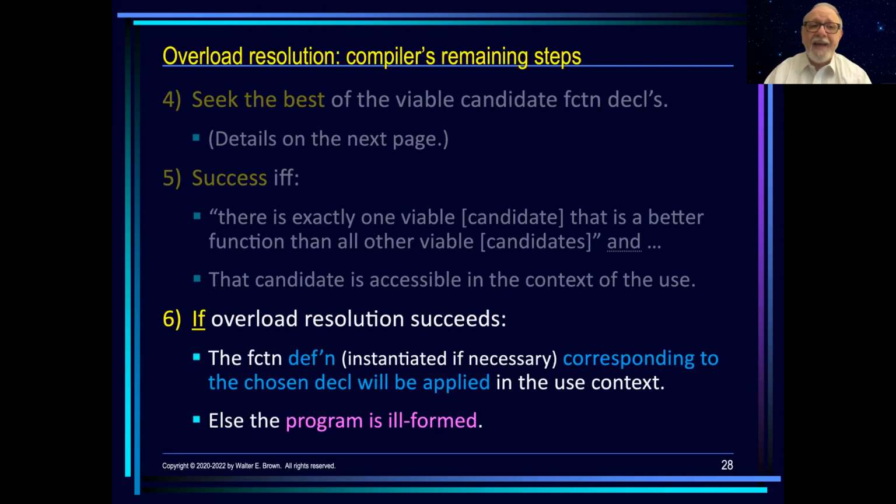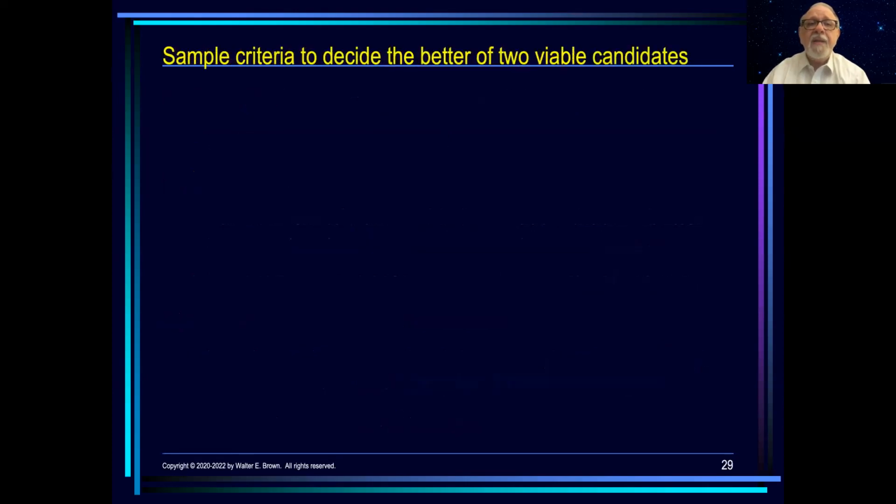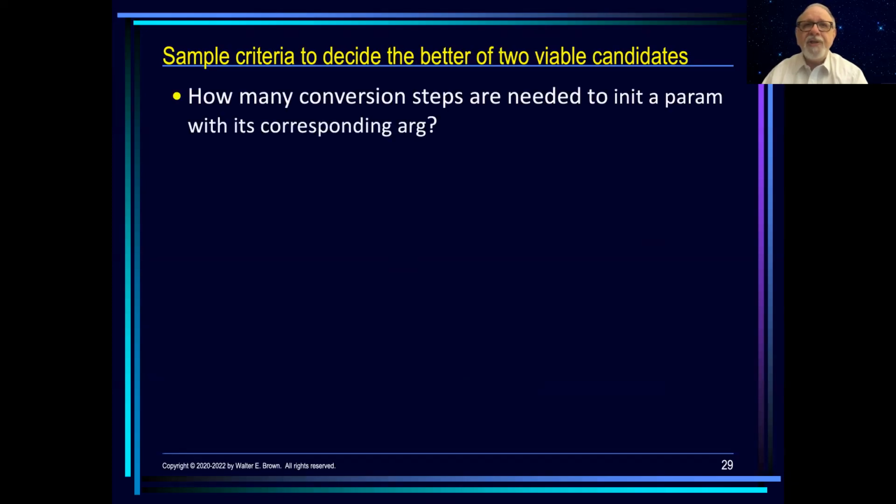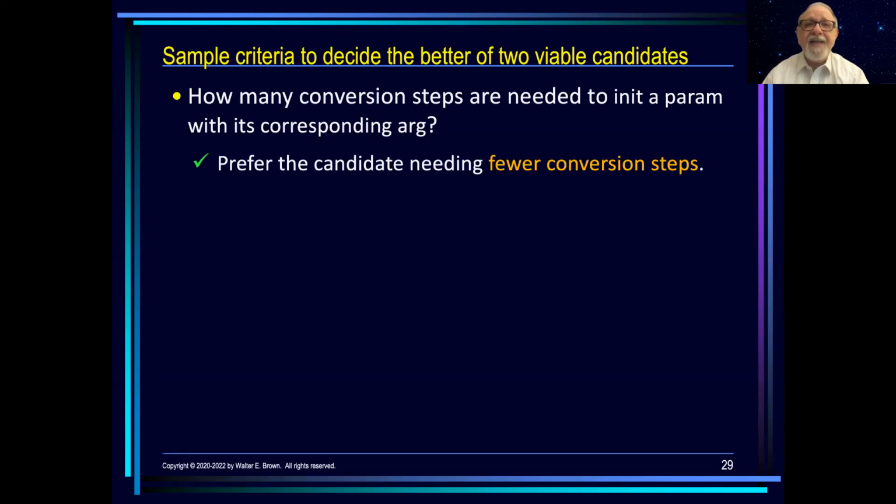All right, so let's back up a little bit. What are some of the criteria that the compiler will use to decide for any two viable candidates which one it considers better? Well, one question the compiler asks is how many conversion steps are needed to initialize a parameter with the corresponding argument. And the preference is for the candidate that needs fewer steps.